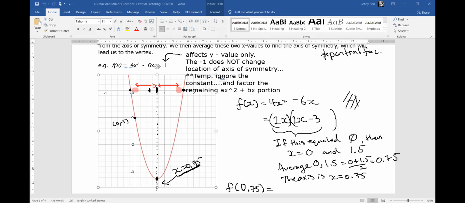What's the y value when x is 0.75? I'm going to plug it into this. I already pre-calculated it. It's 4 times 0.75 squared minus 6 times 0.75 minus 1. The value of this is negative 3.25. The vertex is positive 0.75 comma negative 3.25.